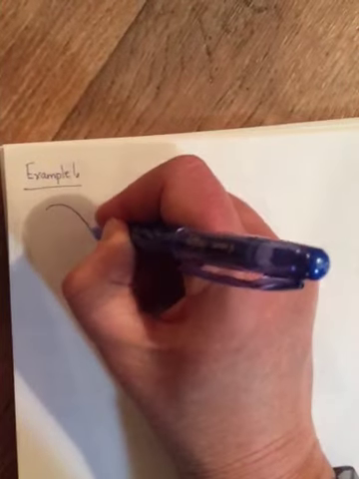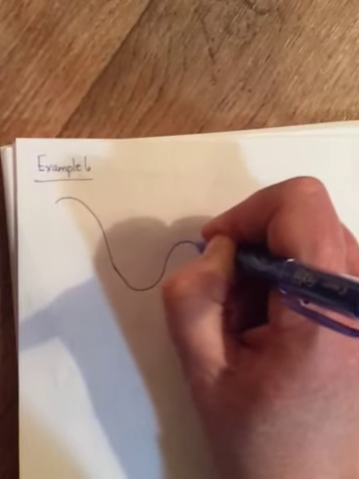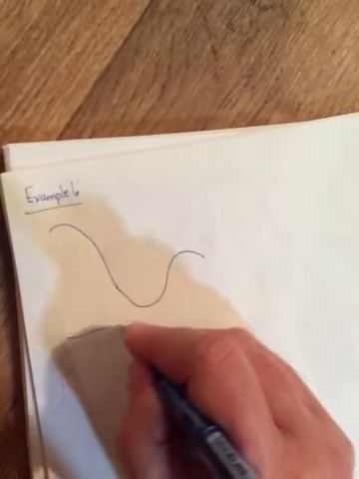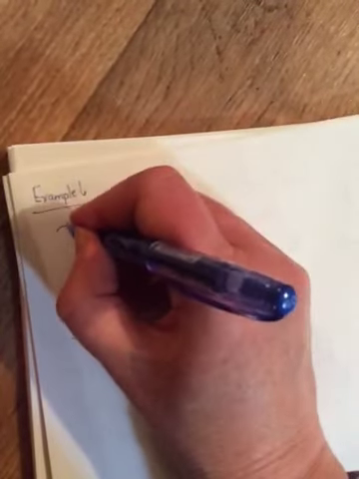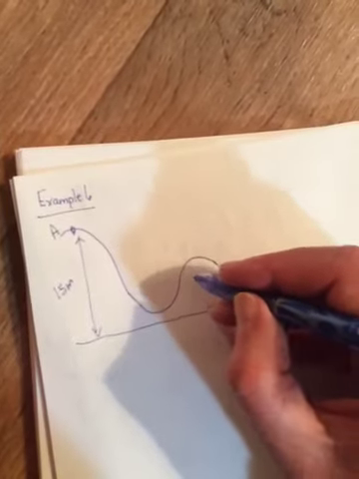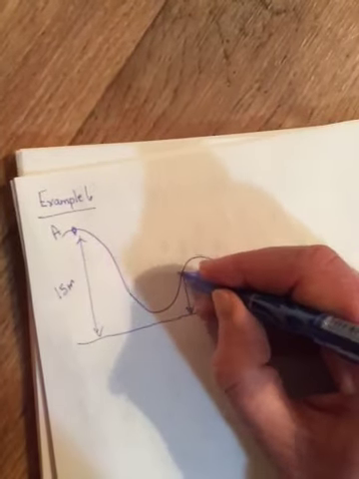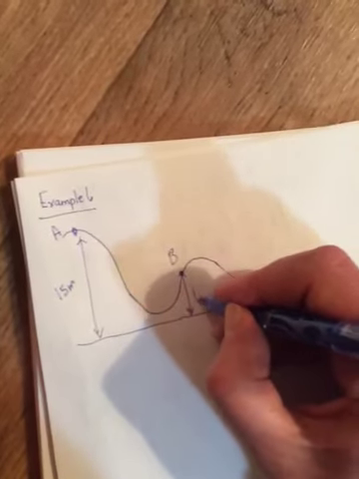So if we draw our picture here, here is the first hill, and it goes down and then it comes back up, okay? So this is A up here, and in the question it's telling us that this is 15 meters. And this is point A. And then over here is point B. And it's saying that this is 6 meters.